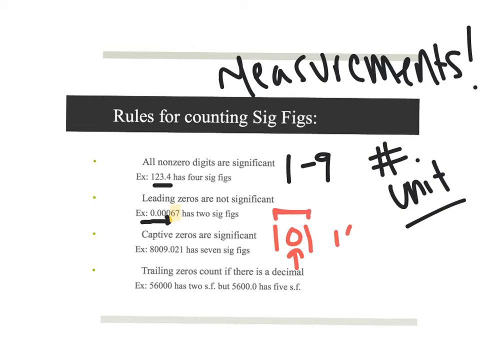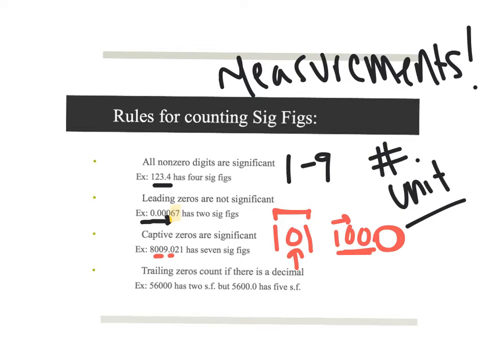If I have something like 100, those are probably not going to be significant because they follow a non-zero digit. There's not another non-zero digit on the other side. So if I look at our example here, 8009.021 has 7 significant figures. Everything in here is significant because your zeros are all sandwiched between non-zero digits.